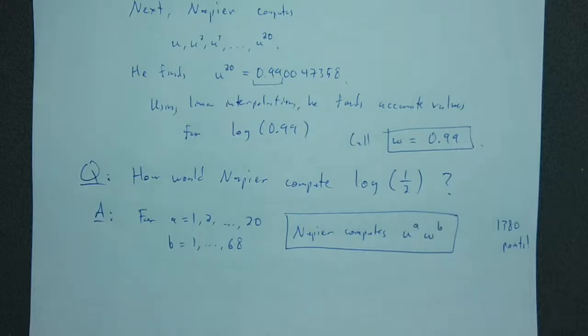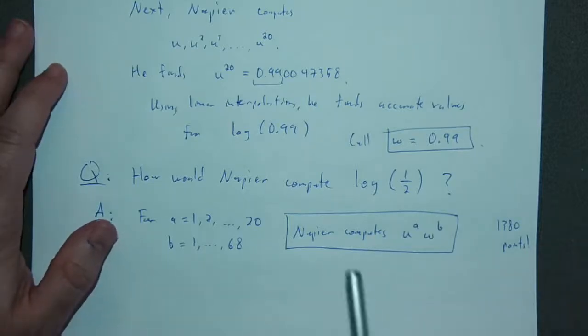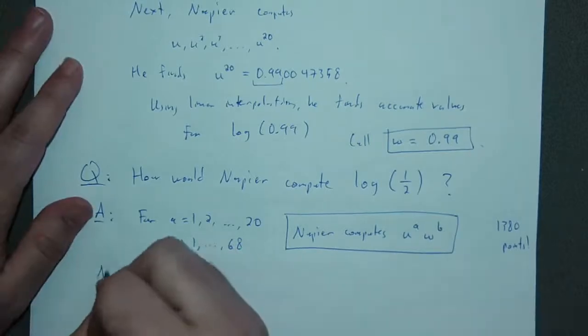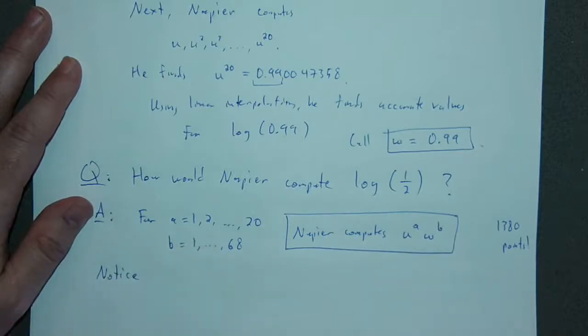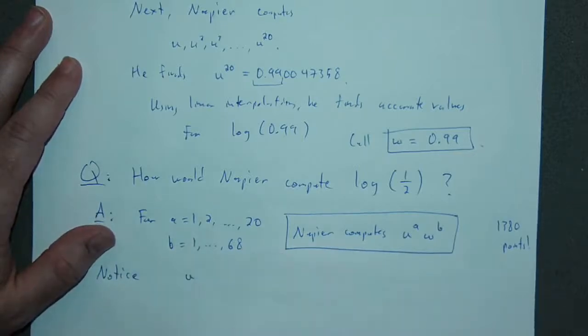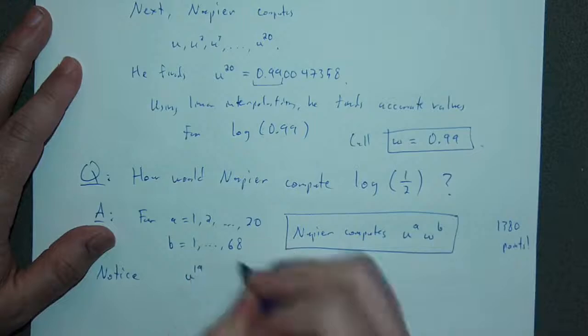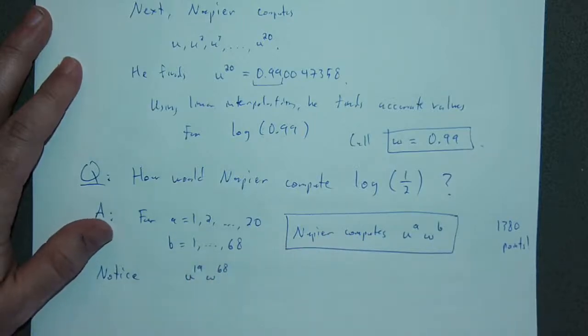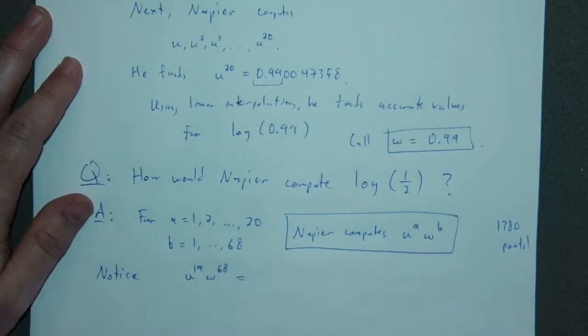Okay, so this gives him, first of all, values in the range that he needs to compute this. What do I mean? So notice the following: U to the 19 times W to the 68. What is this?